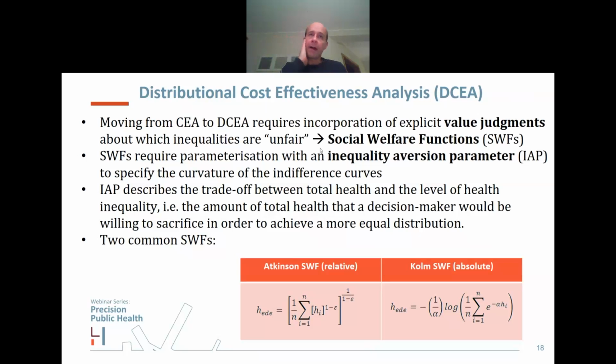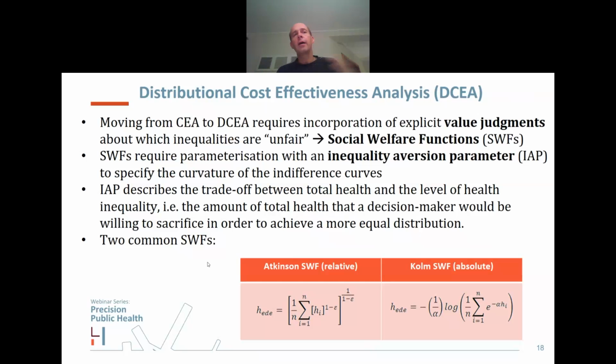So we need to define a social welfare function, which makes this trade-off explicit, and in particular a key parameter there is this inequality aversion parameter. No need to go into the technical details here, but what this does is essentially describe the trade-off between total health and the level of health inequality.